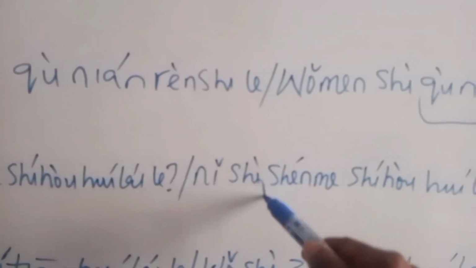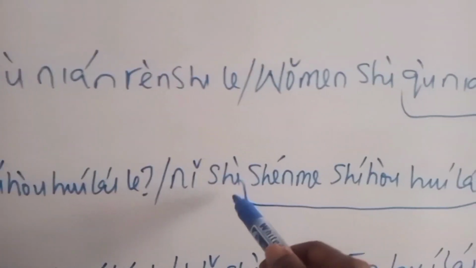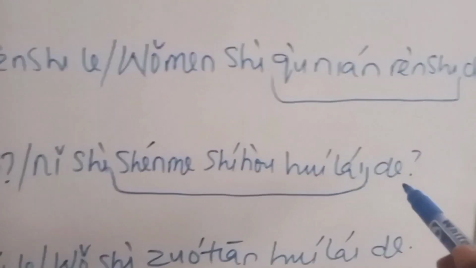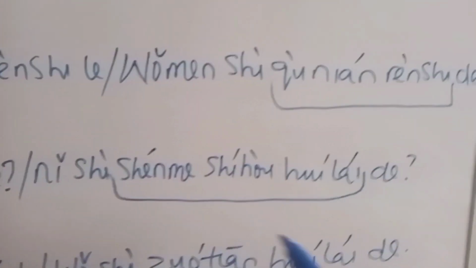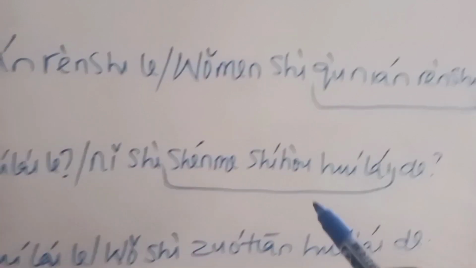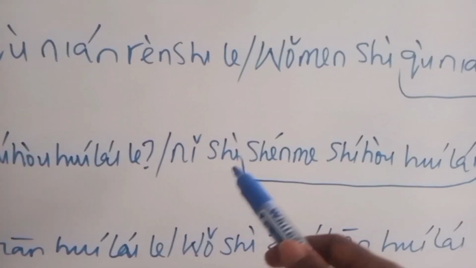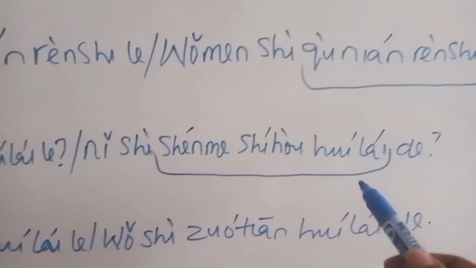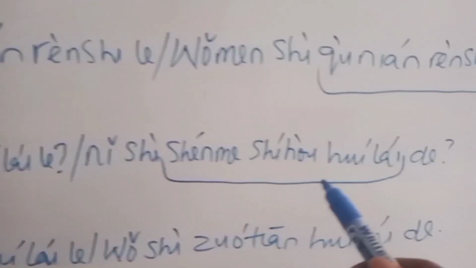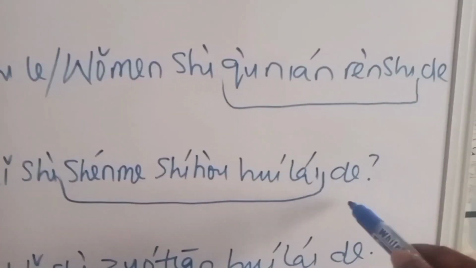You understand this now, right? The subject is 你. Then this is 是, the structure that we are learning today. 是的. And in the middle of the 是的 is the action or whatever it is you want to talk about. And here is when did you come back? When did you return? That is what this means. 你是什么时候回来的? There is no ma in this sentence.